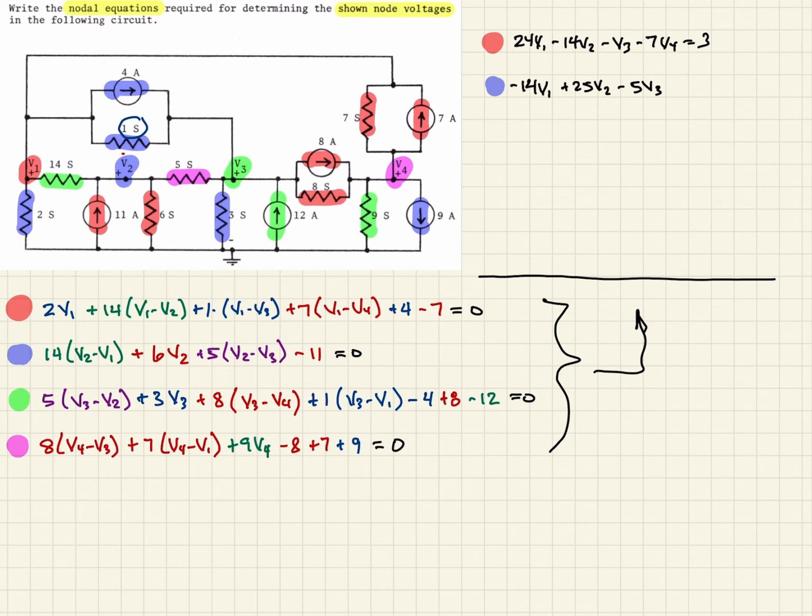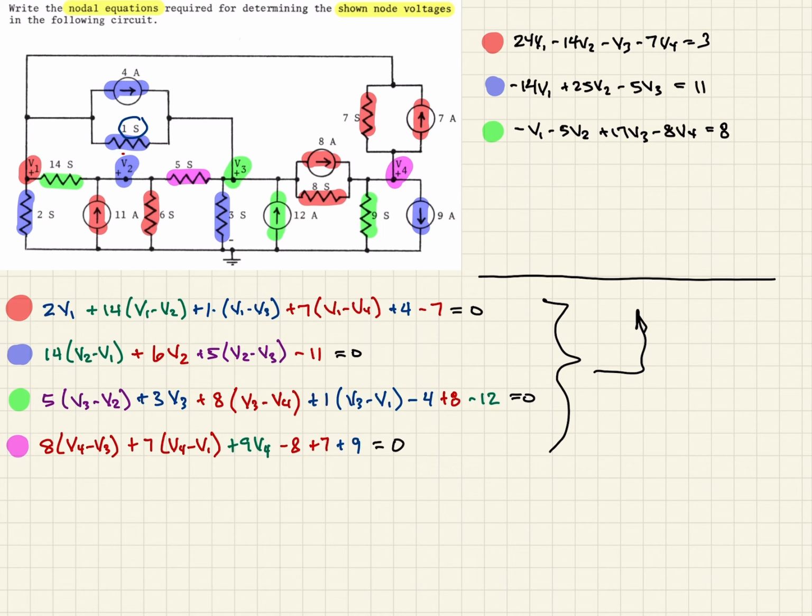So there was no V4 component there. Next we'll go to V3, which we designated as green. And so for this one, we'll have minus V1 minus 5 V2 plus 17 V3 minus 8 V4, and that's going to be all equal to 8.